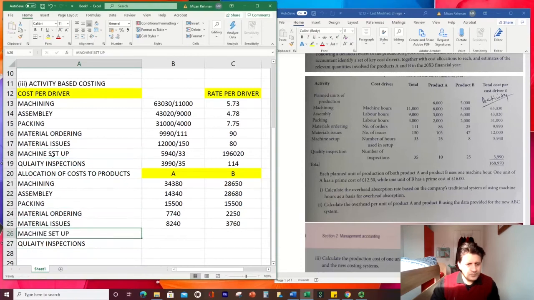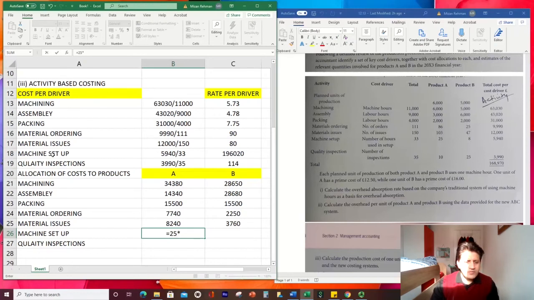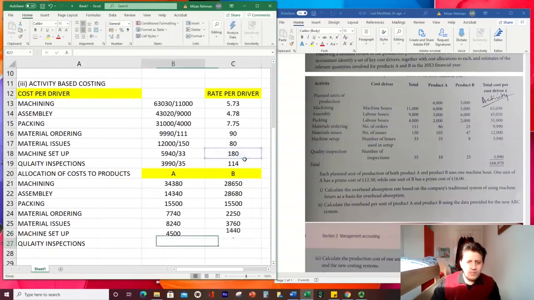So let's add setup here as well. Okay, so A uses 25 setups times cost per setup, 25 setups into 180, and then 8 setups into 180.